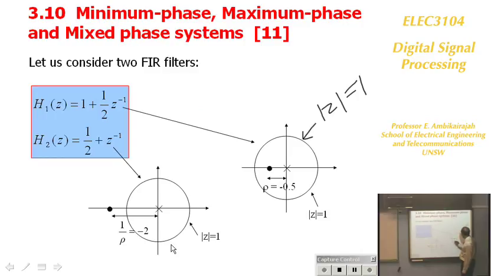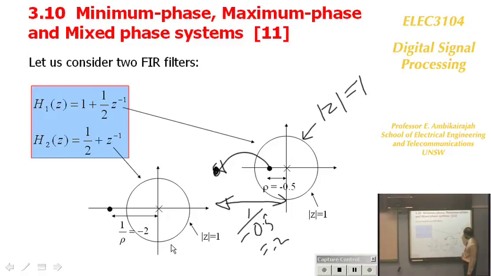When you now take 1 over this, that means you reflect the 0, and that becomes 1 over -0.5, which is -2. This is called reflection. And you see now that your 0 is outside the unit circle.